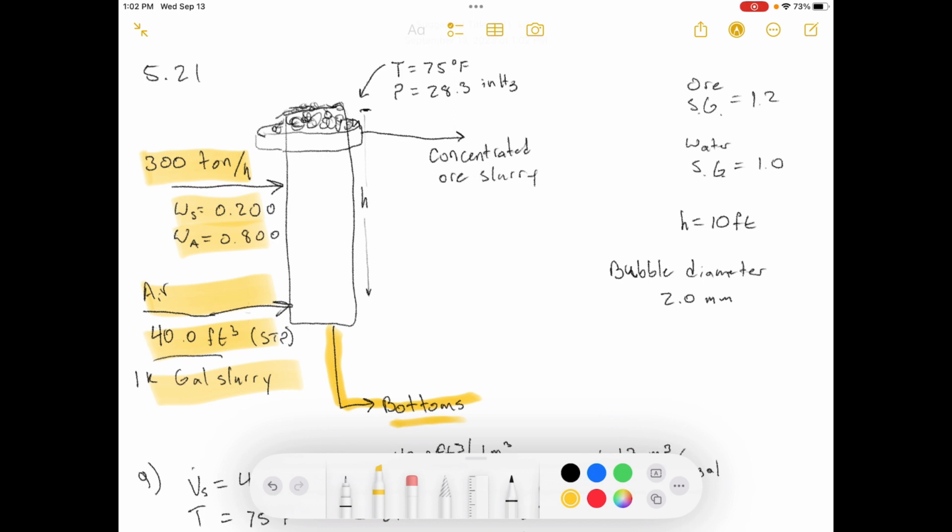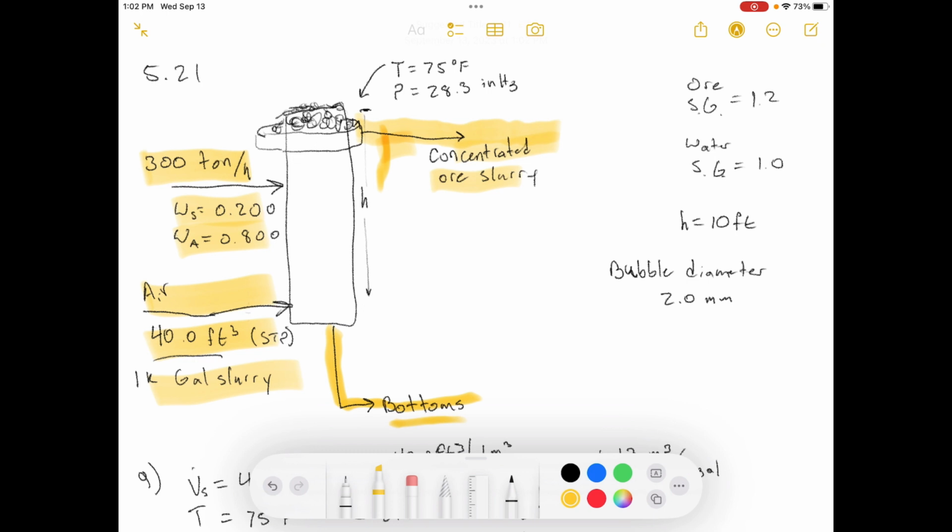And then you've got your hydrophobic, small, fine ground ore that is bound to an oil, and wants to stick to the outside of the bubbles and foams up to the top. And then those bubbles are skimmed off, and then you have a concentrated ore slurry coming out the top.